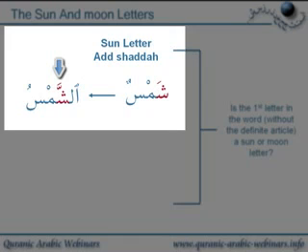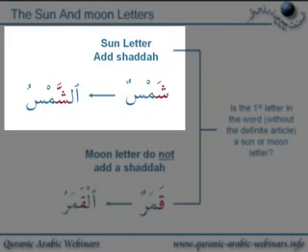So if we were to read the definite article as al normally, what will happen here, and you'll notice in your script that when the shadda is added to the sun letter, they will not put a sukoon on top of the lam of the definite article. And the reason is we're joining effectively the fatha that would normally be read on top of the Hamzatul Wasl directly to the letter with shadda. So instead of saying al-shamsu, we will have to read this as ash-shamsu.